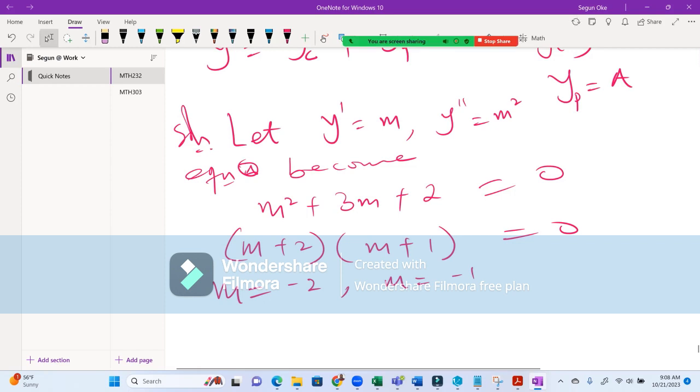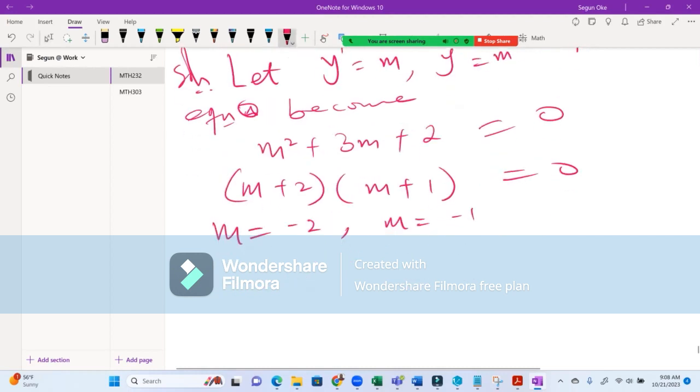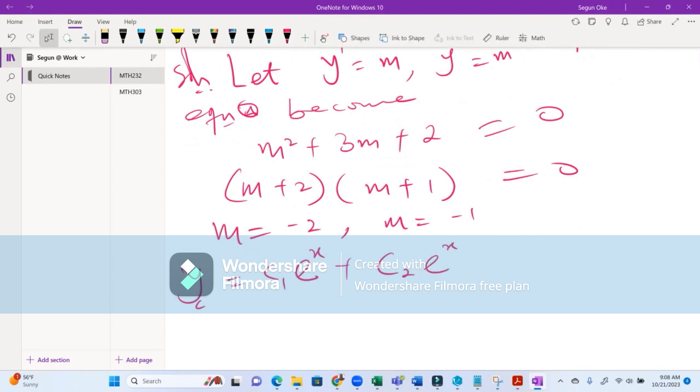So in this case now, it is very obvious that our y complement is equal to C1 exponential x plus C2 exponential x. Which simply means that you can substitute for the y complement.